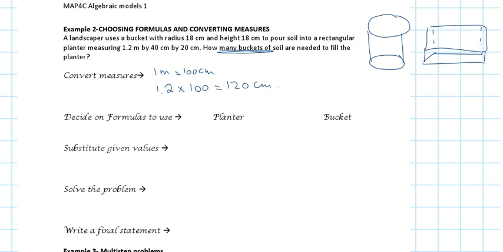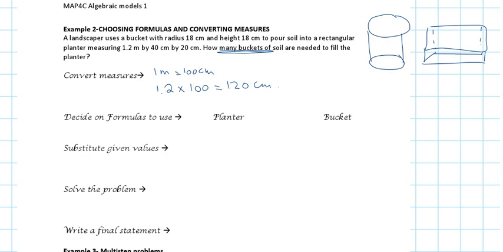All right, so what formulas do I want to use? You guys have your formulas from the last unit? Volume of a cylinder and volume of a rectangular prism. What's the volume of a cylinder?